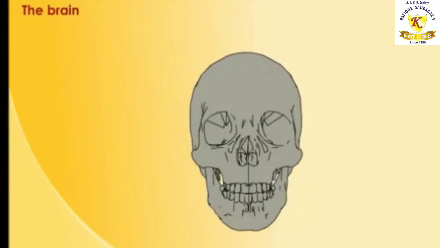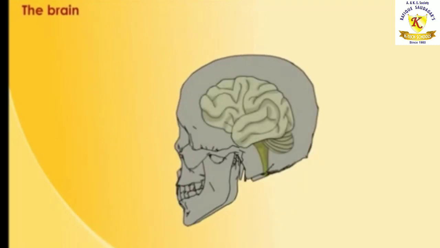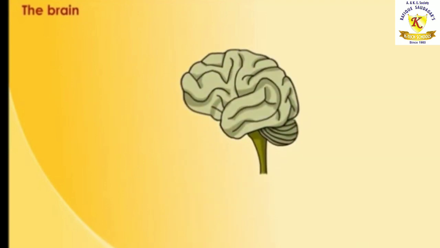The brain lies inside the hard and bony skull. Between the brain and the skull, there fills a clear liquid which protects the brain from jerks and blows. The brain weighs about 1.5 kilograms.